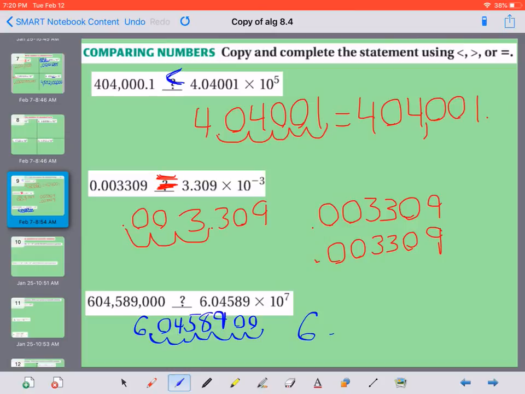So it'll be 6, 0, 4, 5, 8, 9, 0, 0. Put my commas in here. And I only get 60,458,900. So this time, the first one is greater than my scientific notation one.